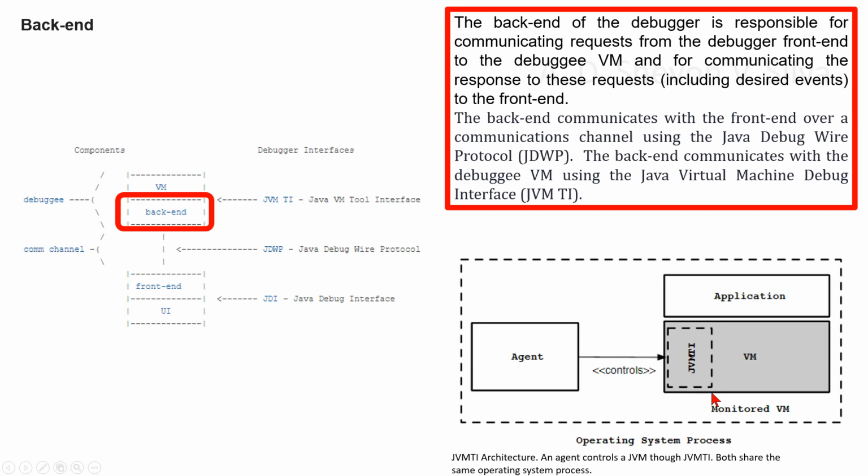The JVM TI client, a so-called agent, queries and controls the given JVM, and agents share the same operating system process.